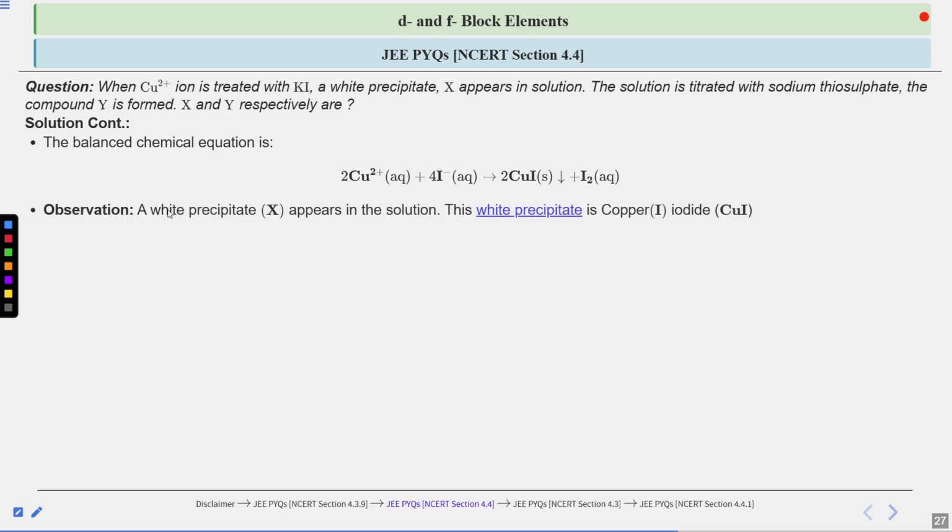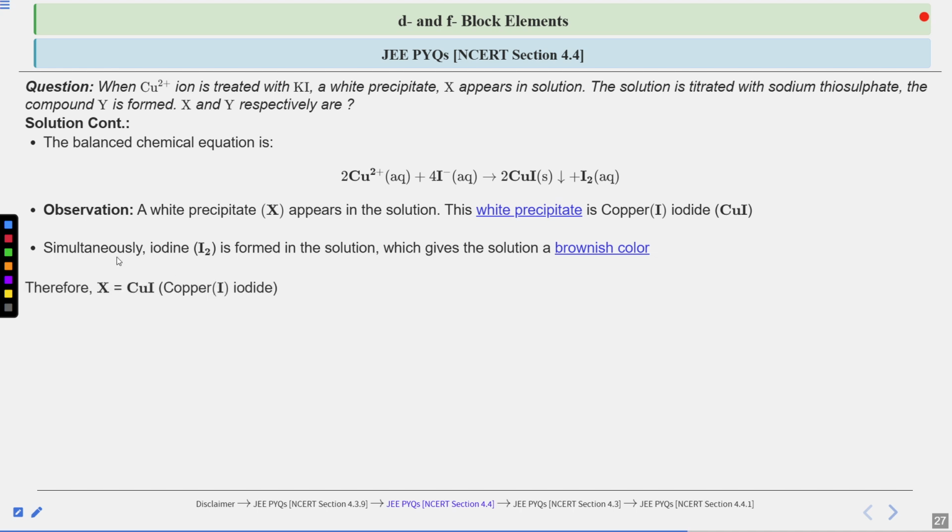What is the observation here? After this reaction happens, a white color precipitate, that is X we mentioned in the question, appears in the solution, and this white precipitate is nothing but copper iodide. Simultaneously, the iodine which forms in the solution will give the solution a brownish color. Therefore, X is copper iodide.